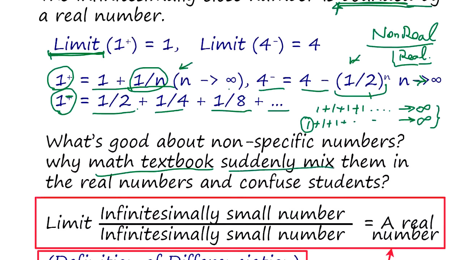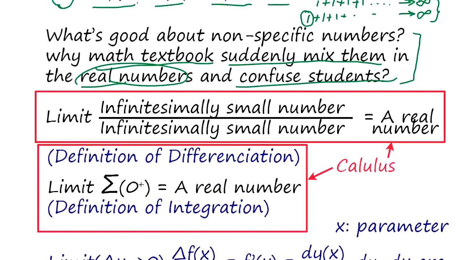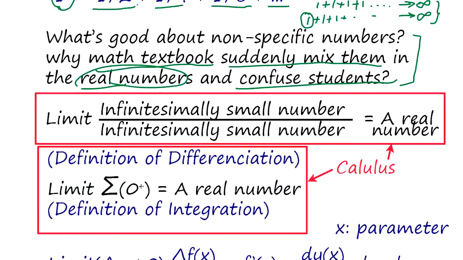They just suddenly mix them without any definition, real numbers and infinitesimal numbers and infinity, and confuse students. This is the source of your confusion about calculus. But once you know what it is, there's nothing mystical, nothing mysterious about it.